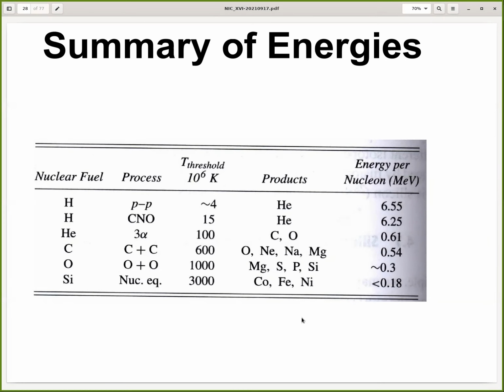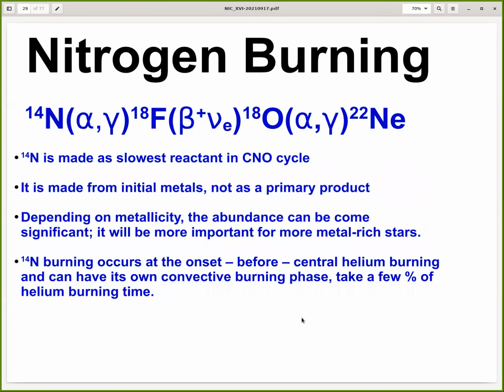In some stars, when you have enough nitrogen present, for example very metal-rich stars, you can have a phase of nitrogen burning. For less metal-rich stars, it happens just in the transition phase between the end of hydrogen burning and the beginning of helium burning.